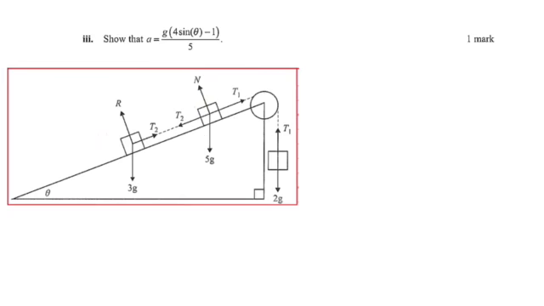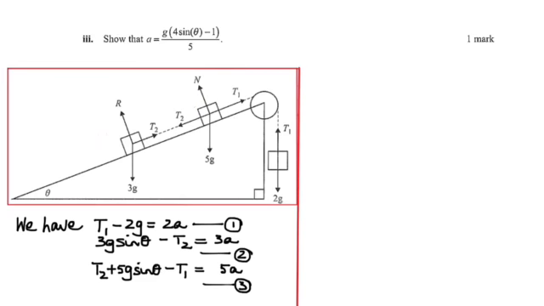Now, we need our 3 equations, and there they are. At first glance, this looks really troublesome because we're trying to solve for A, but we've got T1s and T2s sprinkled all over the place in here. But if you just keep your head, which is what you've got to do in an exam setting, realising it's only a 1 mark question, it can't be that hard.